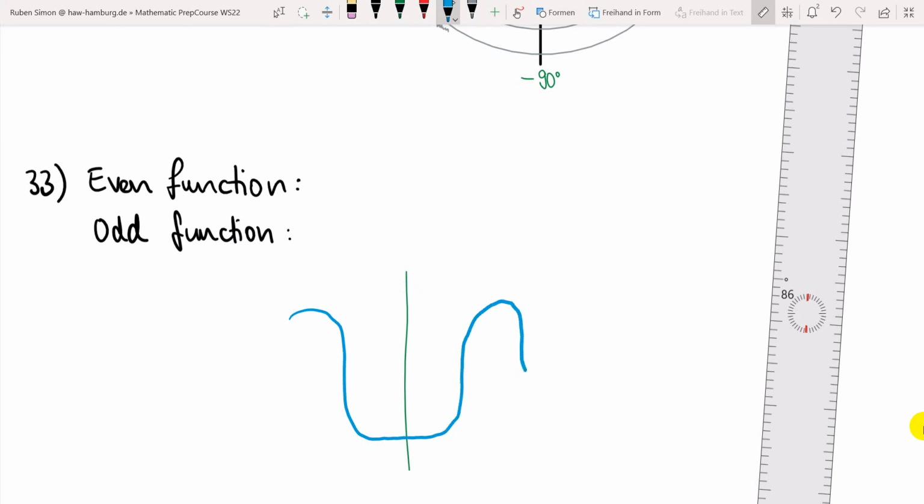If a function looking like this was called an even function, I would be totally fine with this. But unfortunately, in Germany or at our university, the definition requires this symmetry axis to be the y-axis of the coordinate system. That's the only difference.